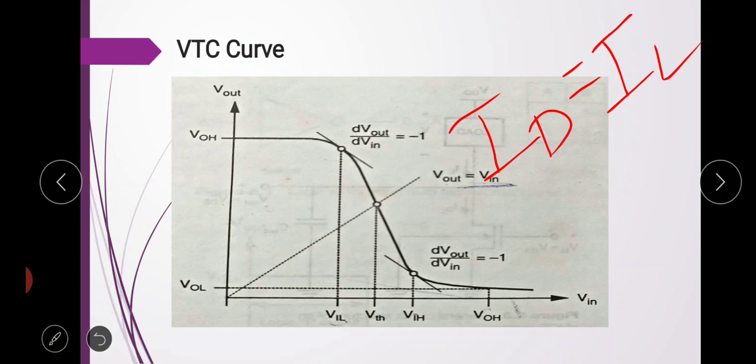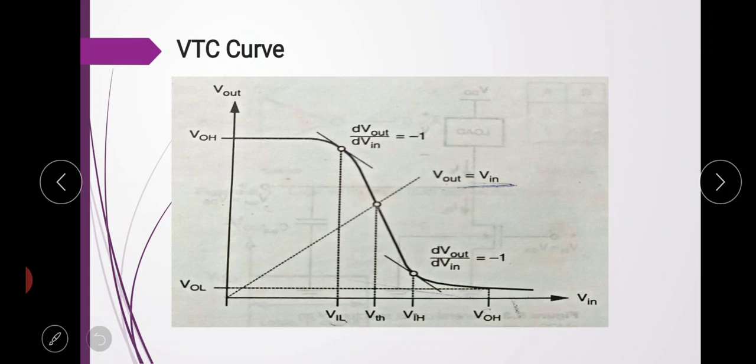For very low input voltage levels, the output voltage Vout is equal to the high value VOH. In the ideal inverter, we see that for a low value of input voltage, we get an output of VDD. But that is an ideal VTC characteristic.